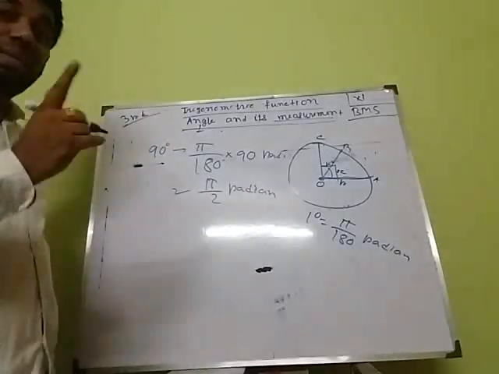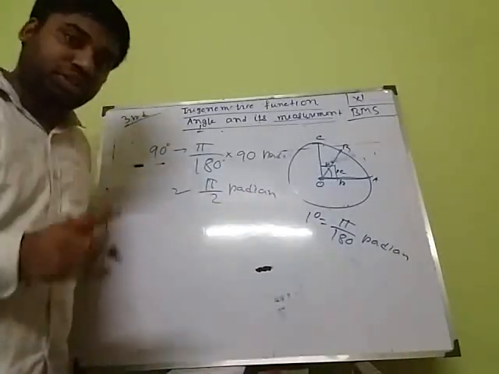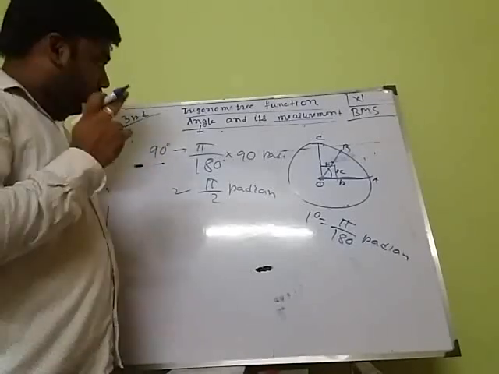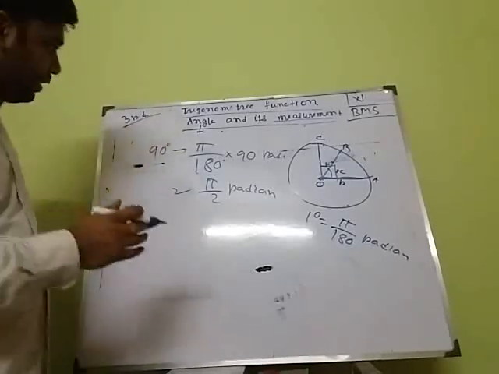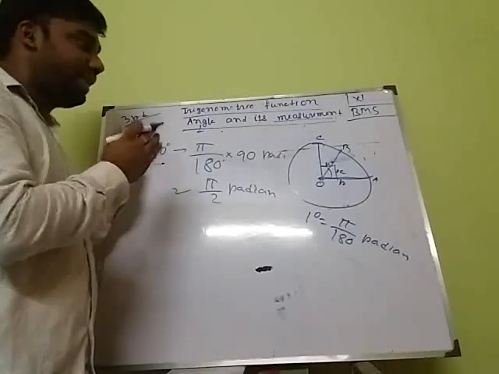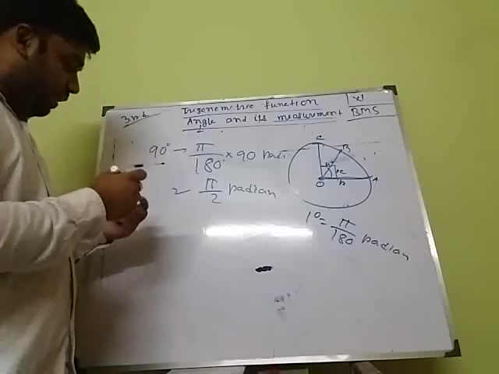So 90 degrees is pi by 2 radian, 60 degrees is pi by 3 radian, 45 degrees is pi by 4 radian, 30 degrees is pi by 6 radian. In this way, we can convert the standard angles which we used in degrees into radians.